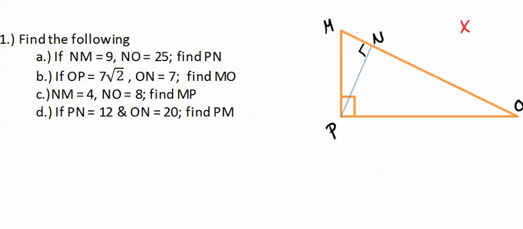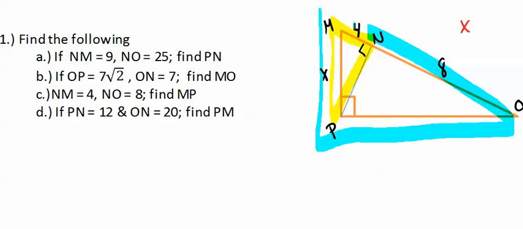Letter C gives us that MN is 4, NO is 8, and we need to find MP. Again, highlighting the sides that we have, you'll see that those are the two triangles. Based on what we have, short over the hypotenuse. So I'm going to set it up as that.